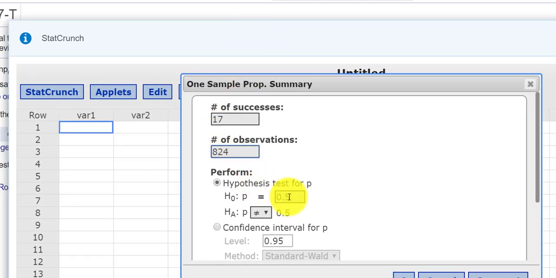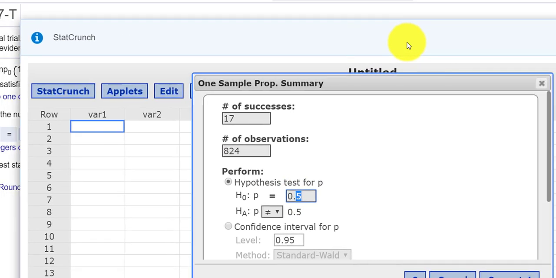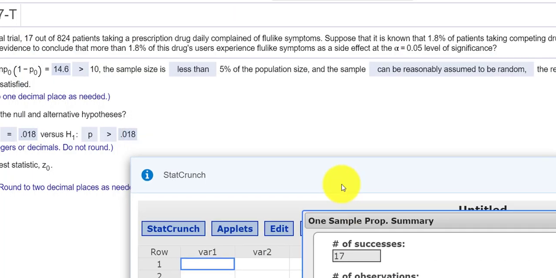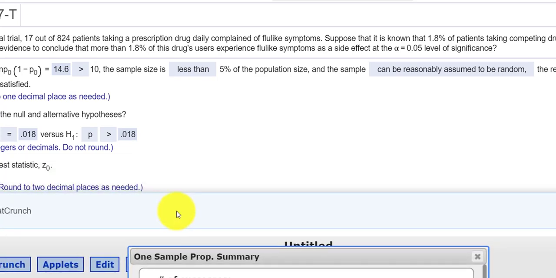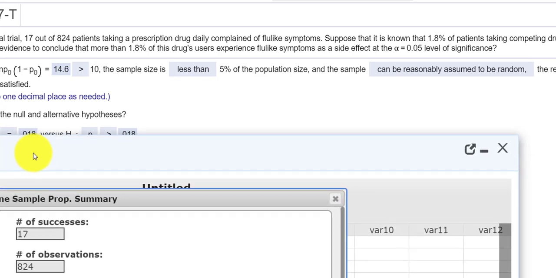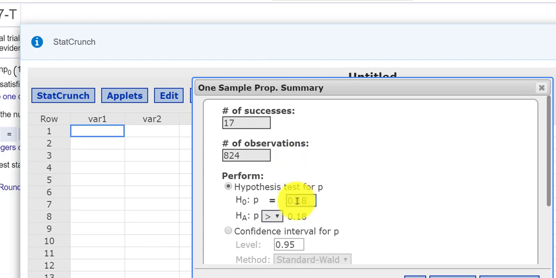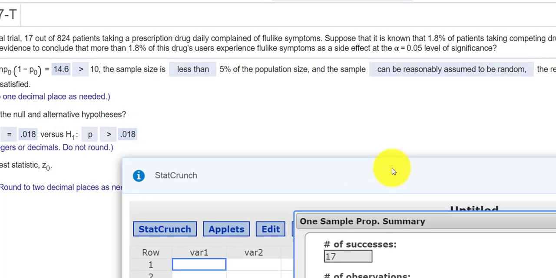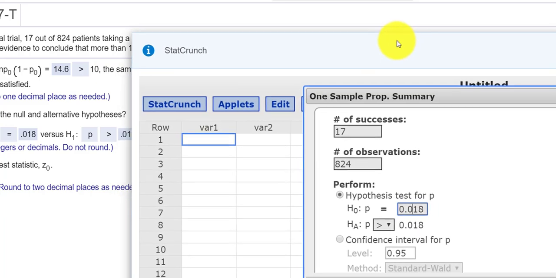I can set up my hypothesis test. My null hypothesis was p equals 0.018, and the alternative is that p is greater than 0.018. Let's just double check. Okay, there we go, that looks good.